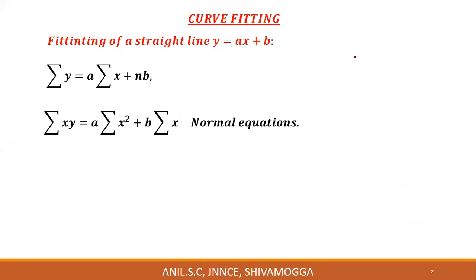Just make a note of this curve fitting of a straight line y is equal to ax plus b and these two normal equations. Summation y is equal to a into summation x plus n into b, and summation xy is equal to a into summation x square plus b into summation x.